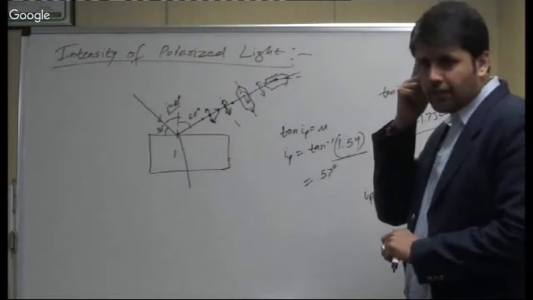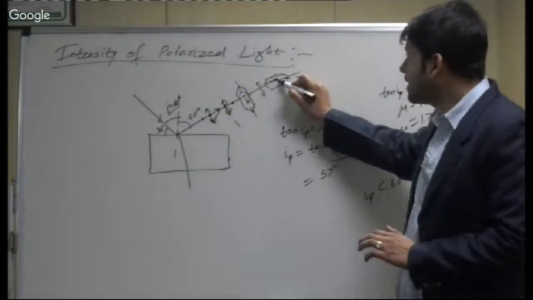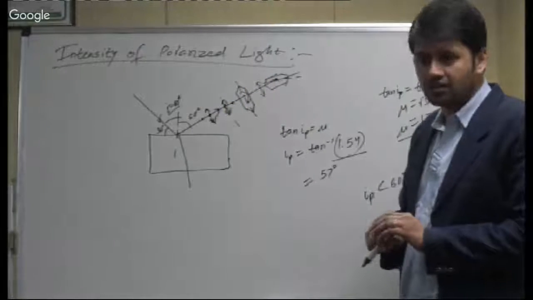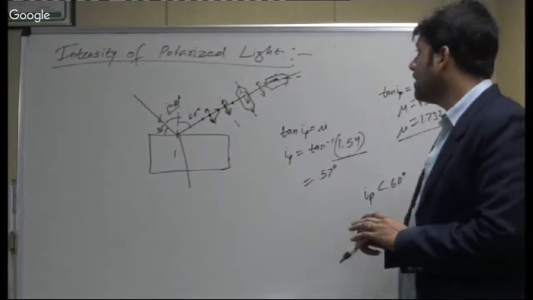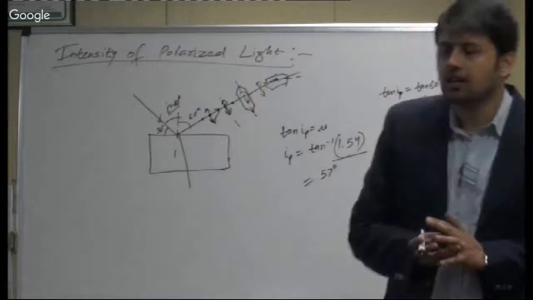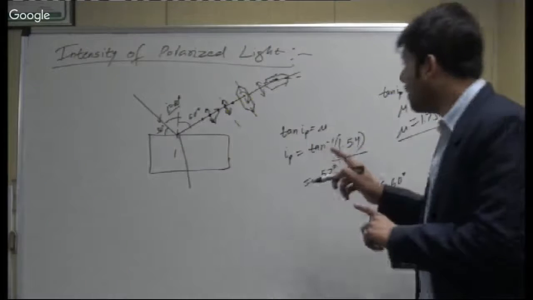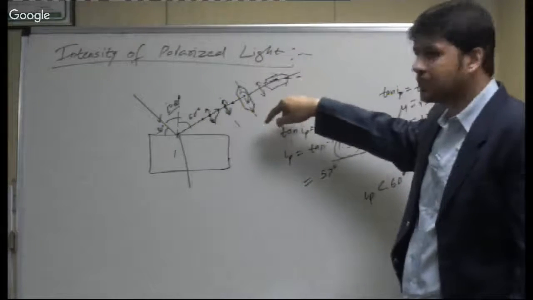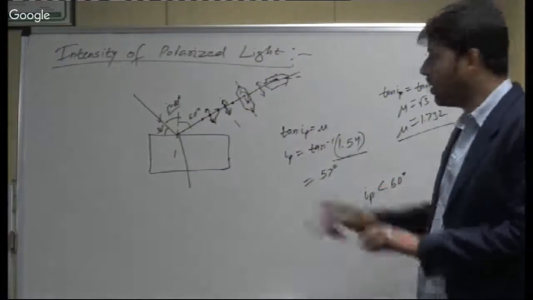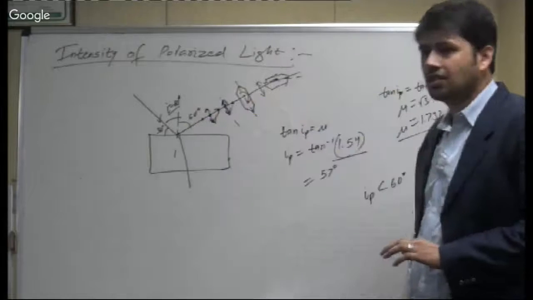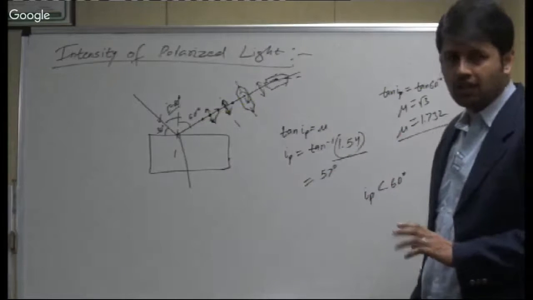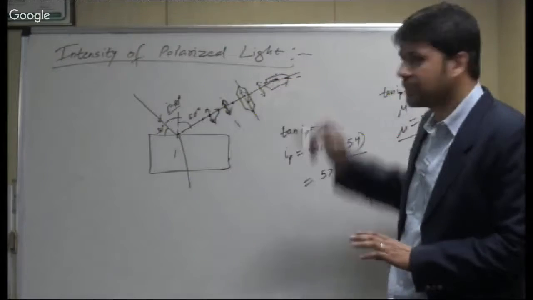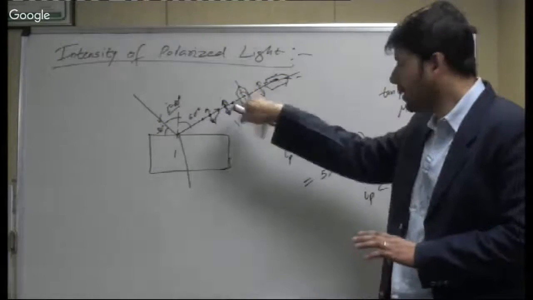So intensity would be maximum when the transmission axes are aligned along the into and out of the plane direction. The intensity would be minimum when the Polaroid is arranged so that the transmission axes are parallel to these vertical oscillations.